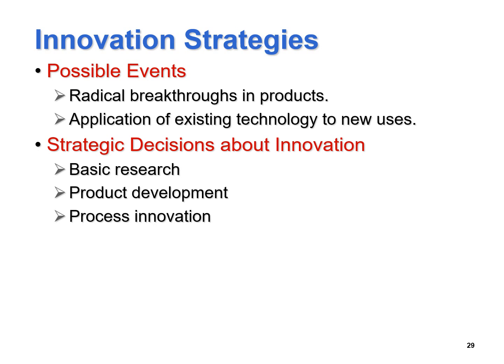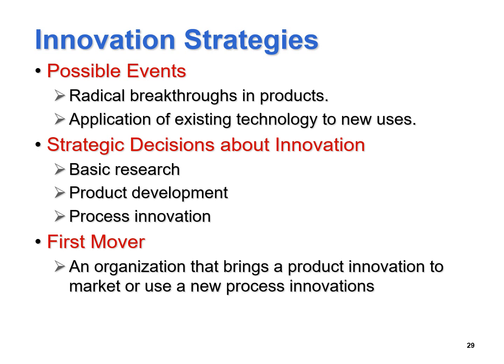They need to focus on process innovation. And then talk about when some organization is going to have innovation, they're called the first movers, an organization that brings a product innovation to market or uses a new process innovation.